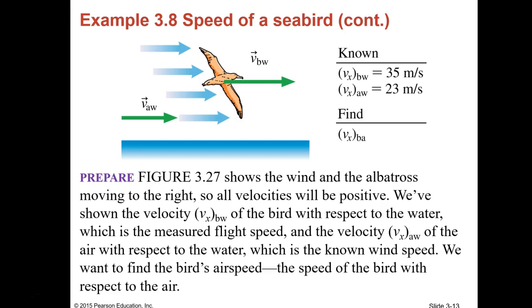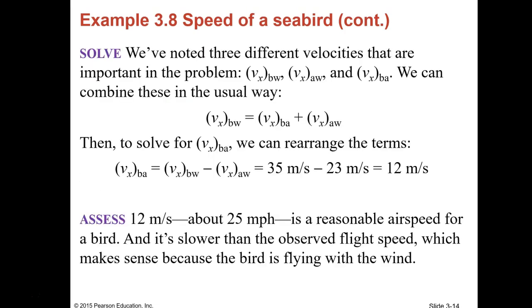Okay, so we know that they're going in the same direction. With respect to the water and with respect to the air, we want to find the bird's airspeed with respect to the air, how fast it's moving with respect to the wind.